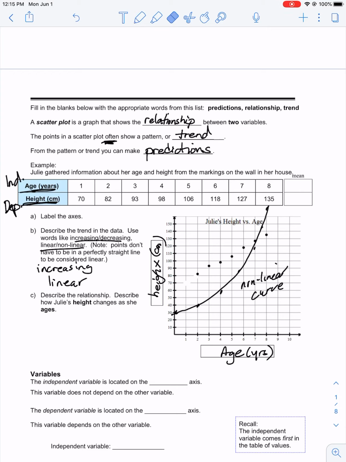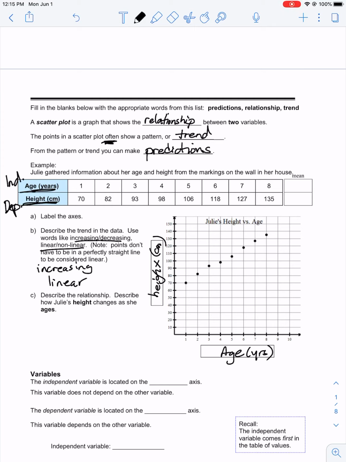Again, we don't connect the dots with a perfect straight line. We don't connect the dots with a zigzaggy line to go from point to point. This is not a connect the dots situation.